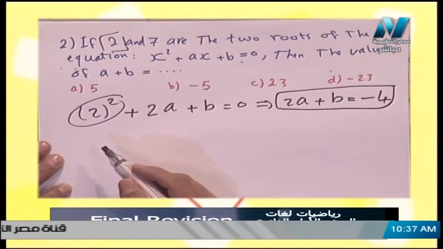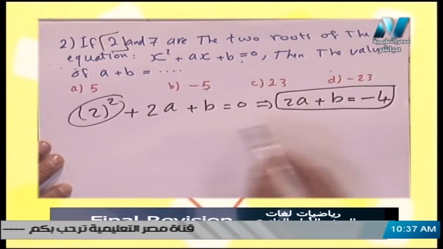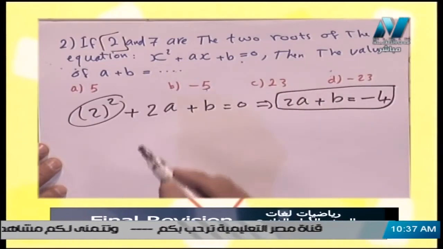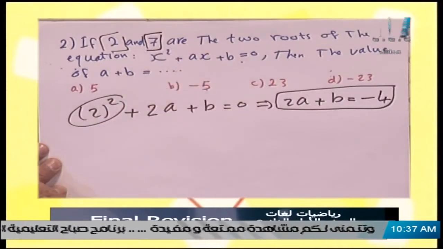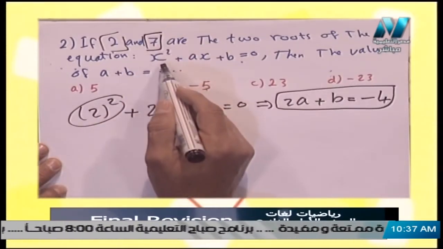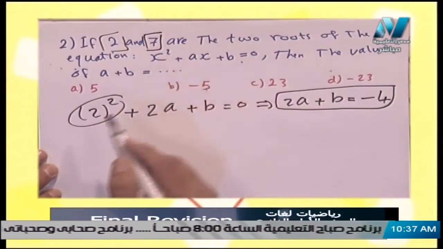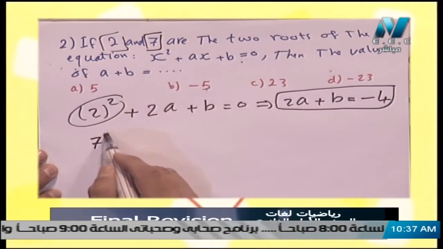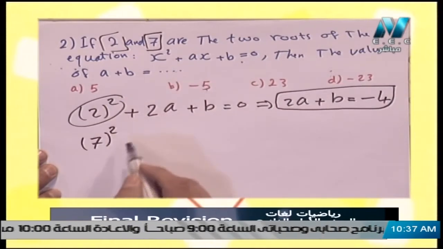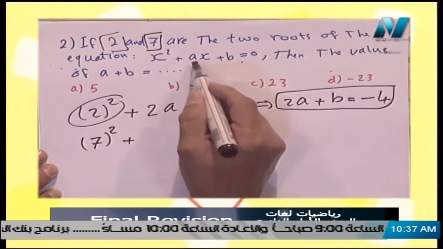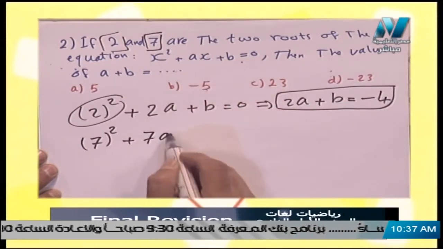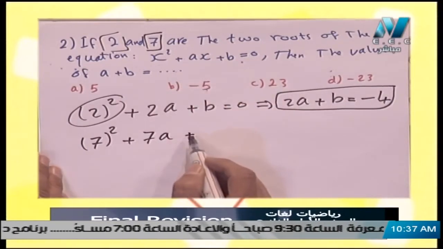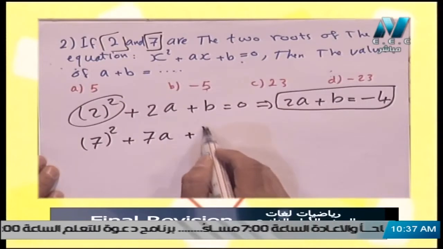We have an equation here in two variables a and b. And we will substitute by 7 instead of x. So x power 2 will be 7 power 2 plus a times x means a times 7, so 7a plus b equals 0.